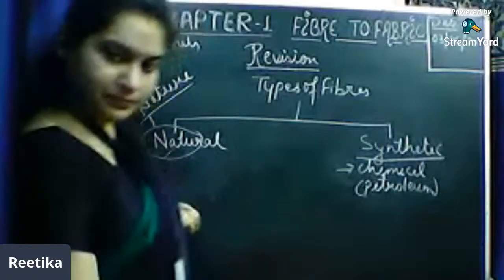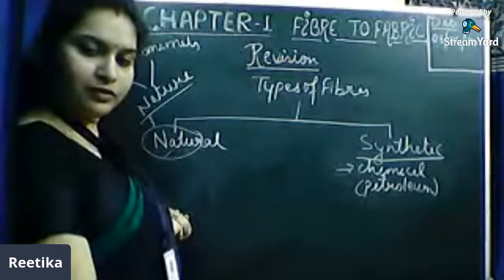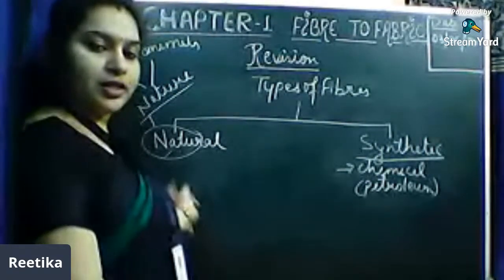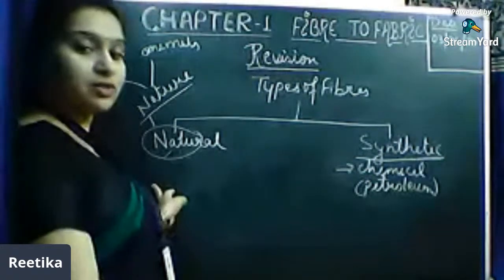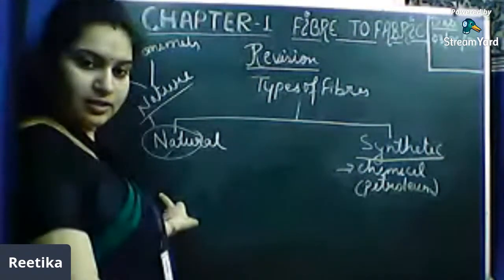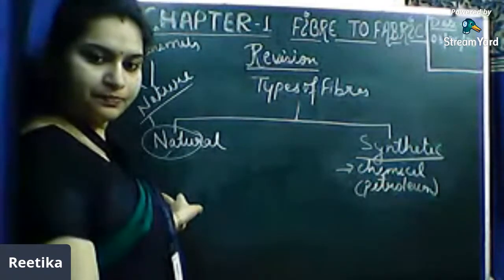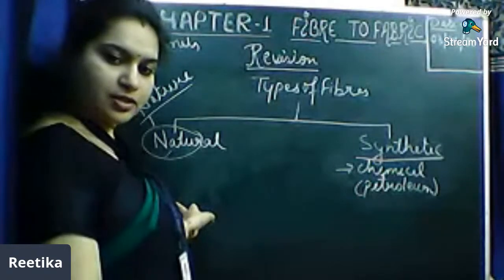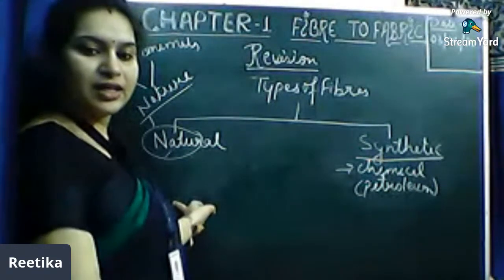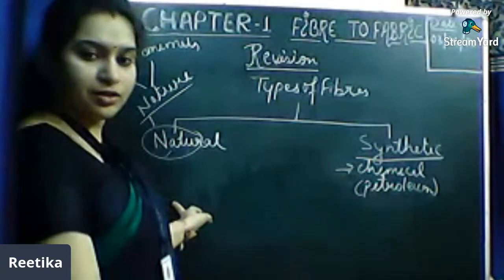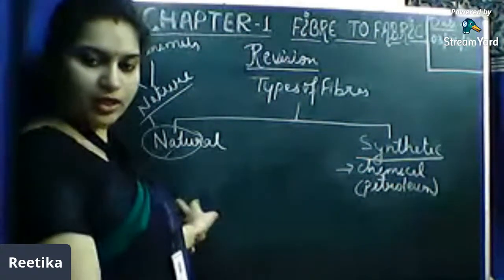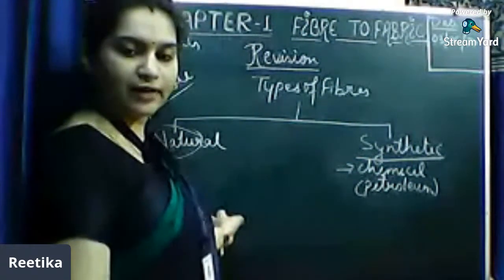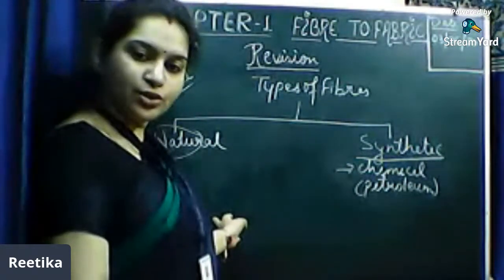Very good, Pari. The example of natural fiber is cotton, silk, wool, and flax. Very good, Arohi. The answer is wool, silk, and flax. You can type jute also.